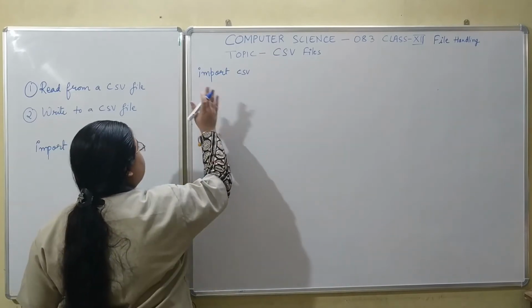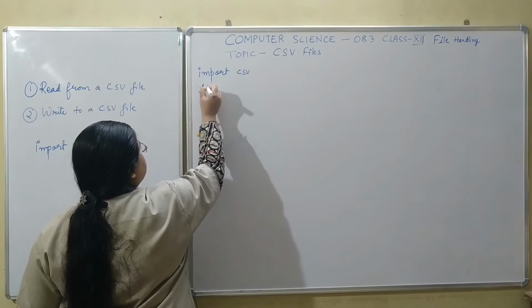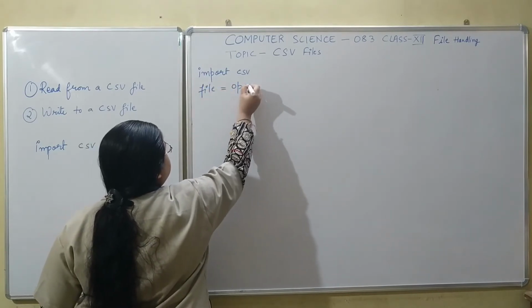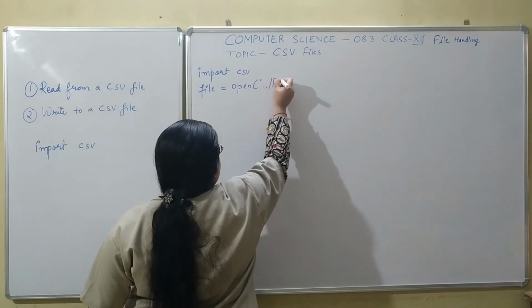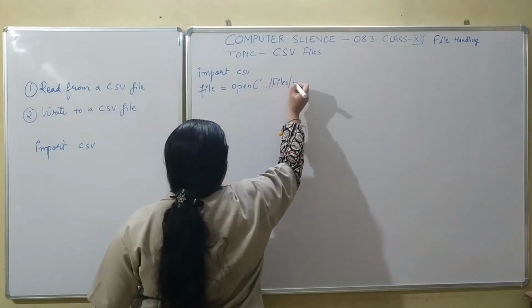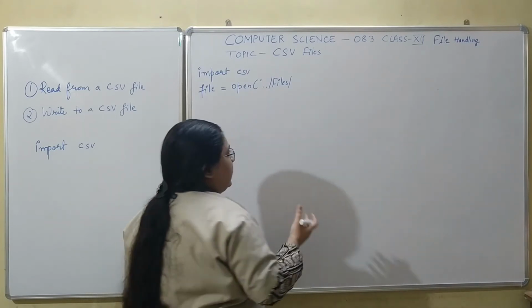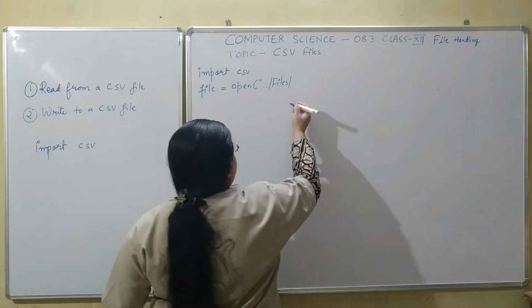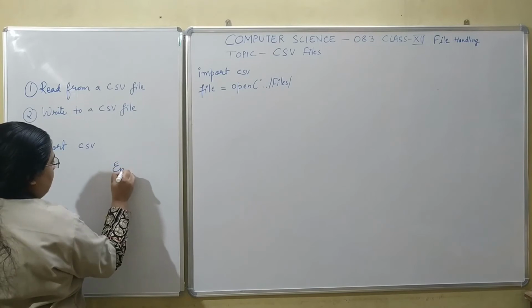After this we are going to open the file. So I will use file equals open, and we can provide any path as I had already explained before. I am going to save some data into the CSV file. Suppose I am going to store data which refers to employees.